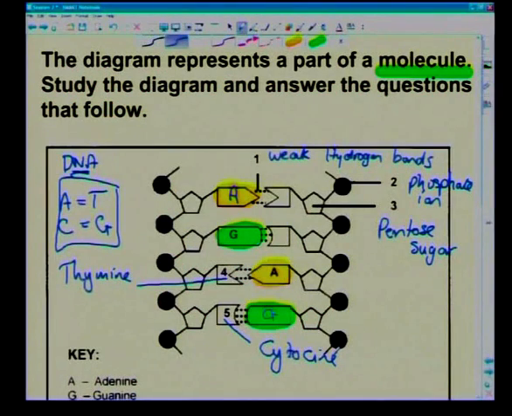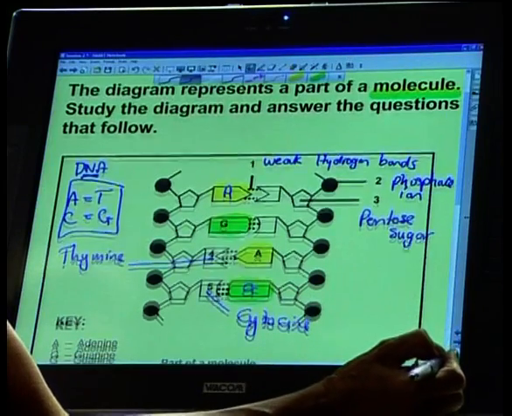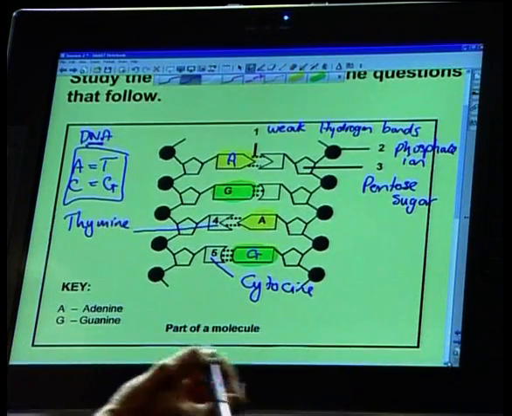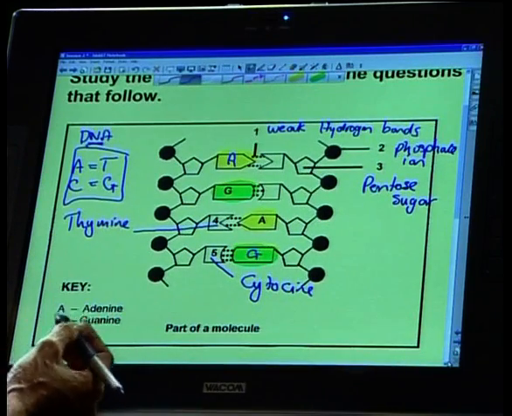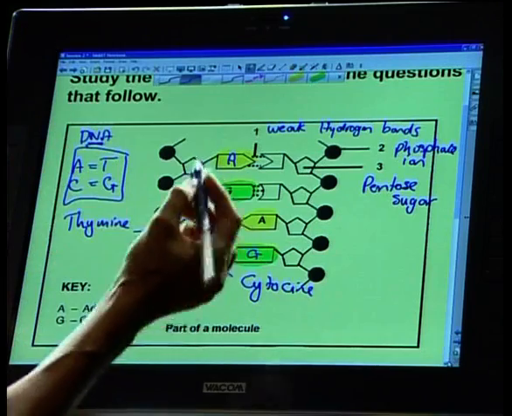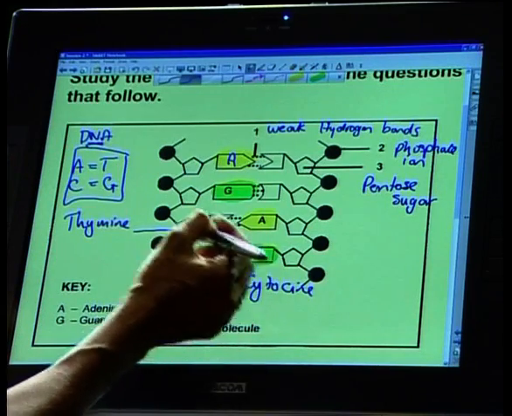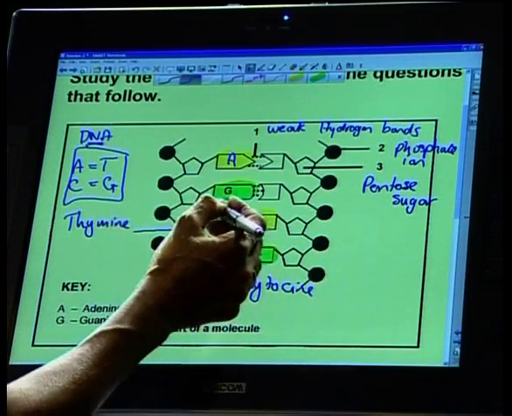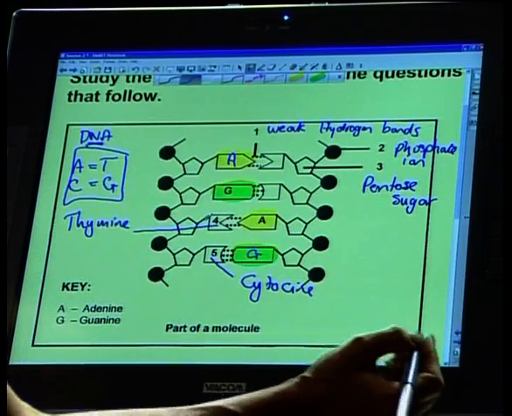And thymine and cytosine are pyrimidines, and adenine and guanine are purines. See, everything that I've gone over with you again and again, here we have it. Here they tell you the key. A is adenine and G is guanine. So we know that what's opposite is going to be cytosine, and what's opposite here will be thymine.